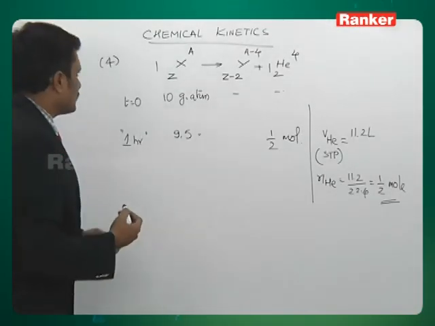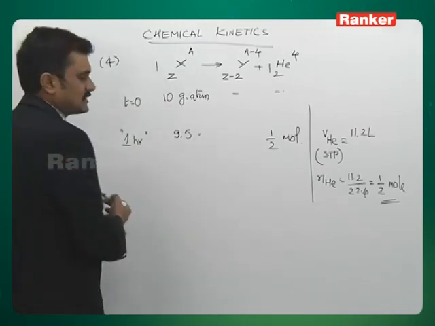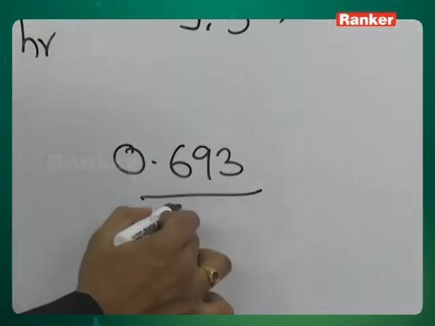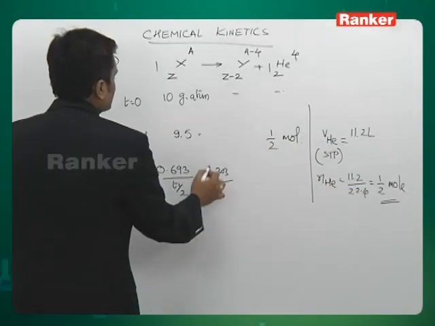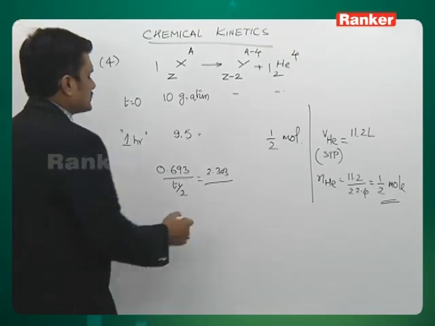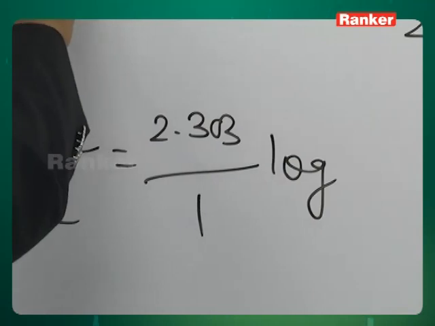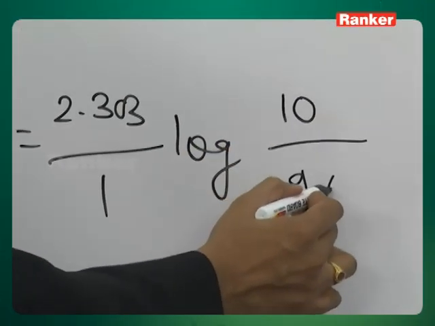Now, you know, for a first order radioactive decay, lambda, I mean to say the decay constant, which is equal to 0.693 by T half, because you have been asked to find the T half, is equal to 2.303 divided by time taken for this process. If you are getting your answer in hours, please do not change the time, which is given as 1, logarithm of initial mole of the radioactive isotope divided by final moles.